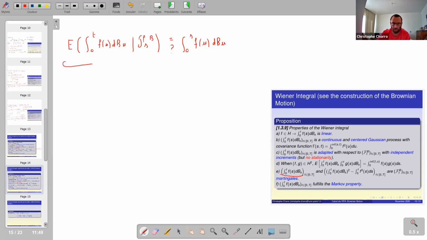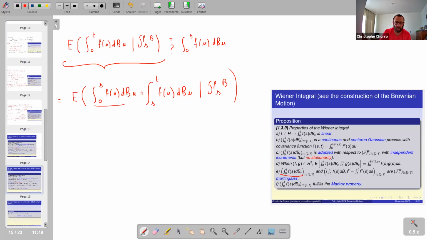Once again, we are going to make increments appear here. I write the integral between 0 and t as the integral between 0 and s of f of u dBu plus the integral between s and t. I have a part here that is Fs measurable, so I can remove it from the conditional expectation.